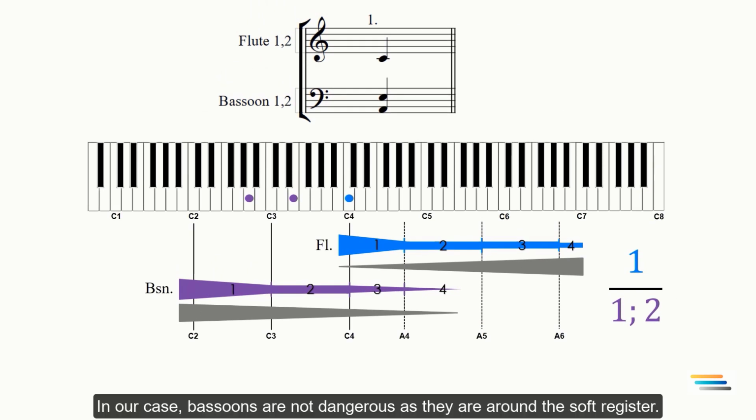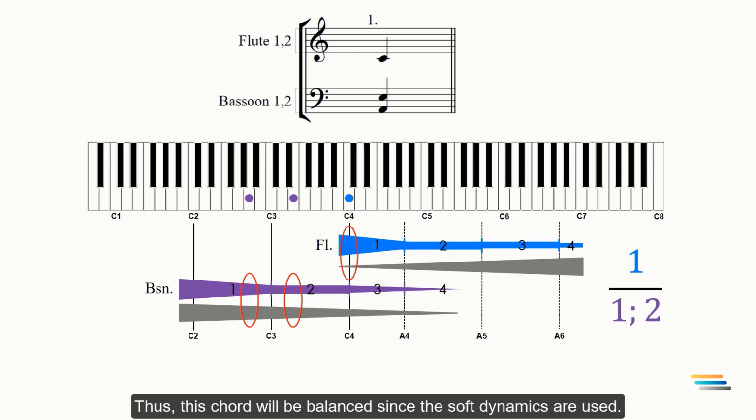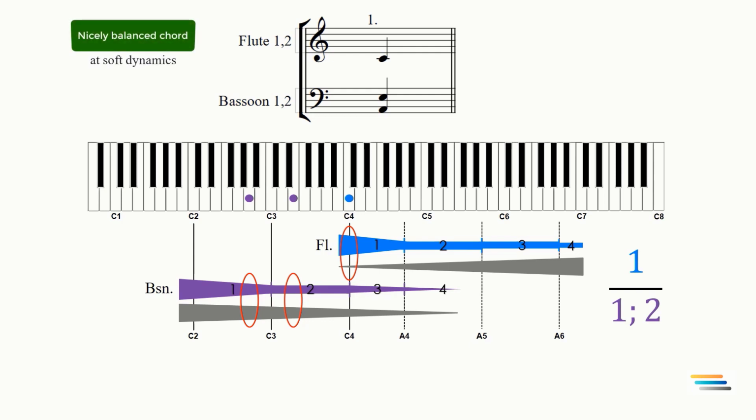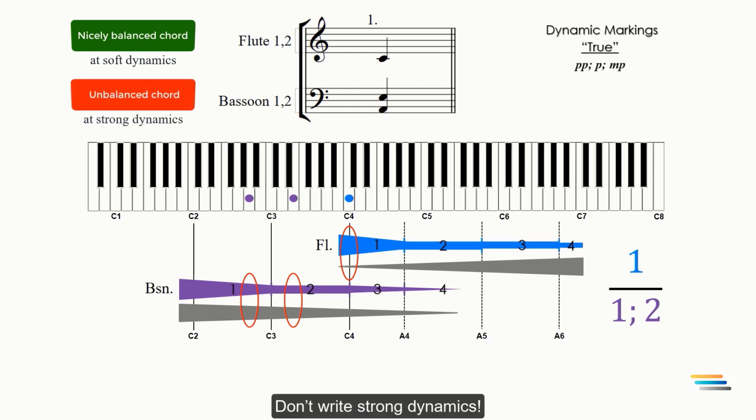In our case, bassoons are not dangerous as they are around the soft register. Thus, this chord will be balanced since the soft dynamics are used. Don't write strong dynamics.